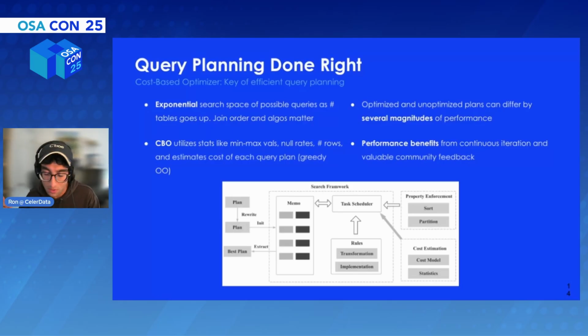Under the hood it uses a greedy algorithm, and once we've defined all these different plans, we can choose the one that costs the least. For those who are really involved in query optimization in the audience, we developed our query optimizer from the foundations of the Cascades framework and the Columbia framework as well.